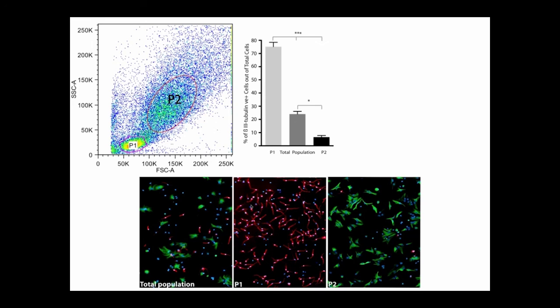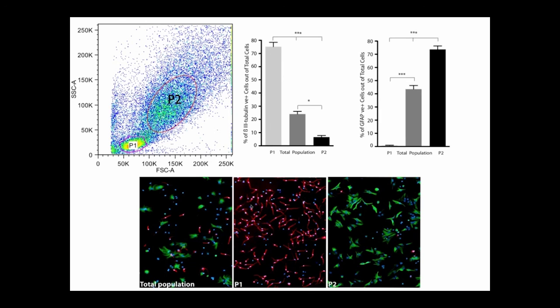We can quantitate this. Here we can see that in the P1 population, approximately 75% of the cells are beta-tubulin positive. In the P2 population, it's around 5%, less than 10%. And when we look at the numbers of GFAP expressing cells, we get very few of them in the P1 population, but they're clearly enriched in the P2 population.